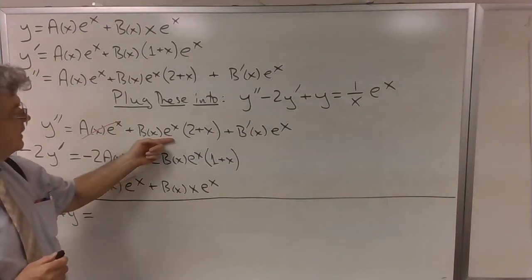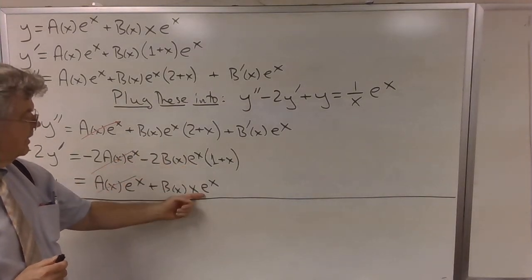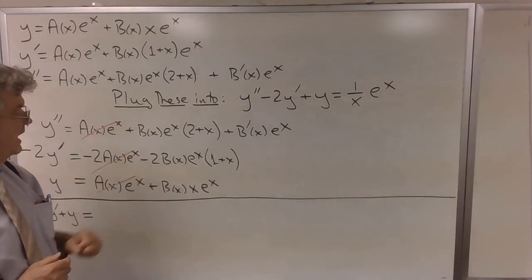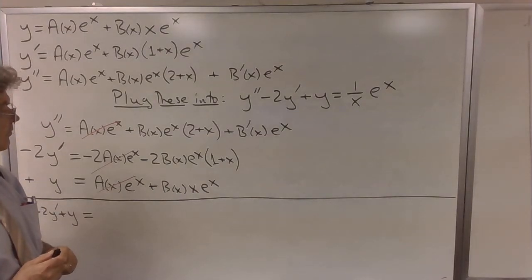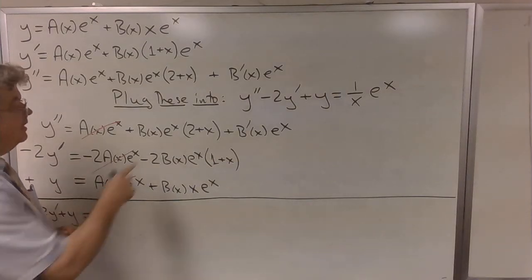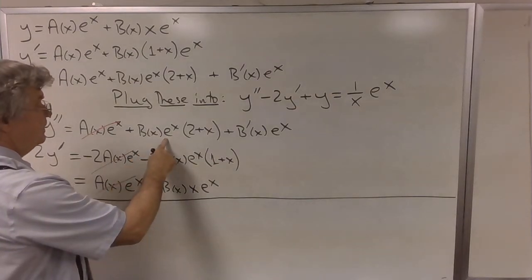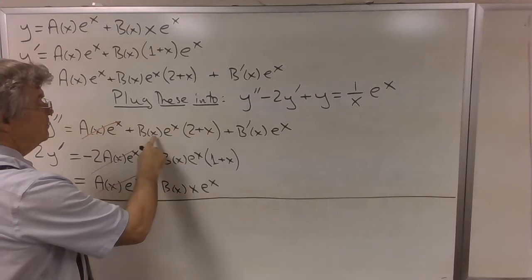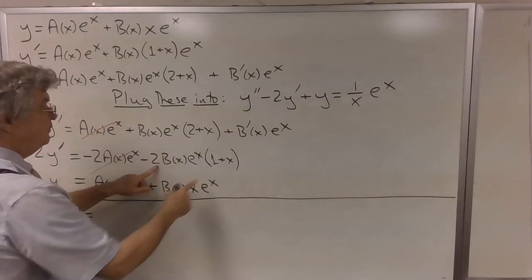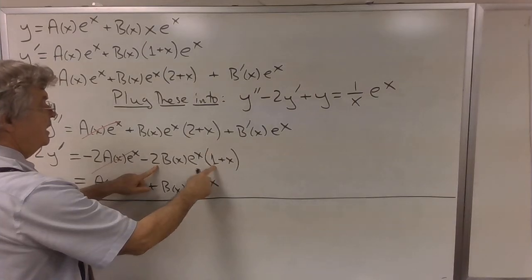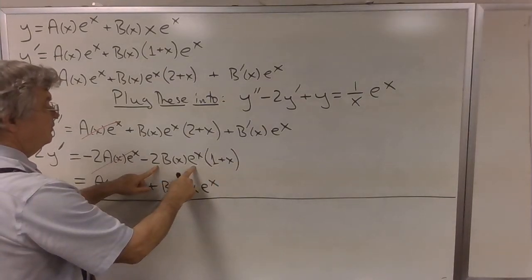Now, in each of these terms, we have bx e to the x. Here we have 2 bx e to the x, minus 2 bx e to the x.